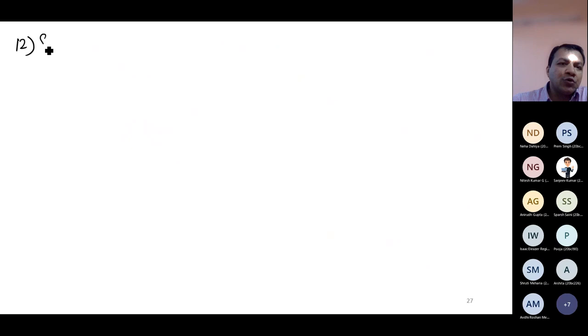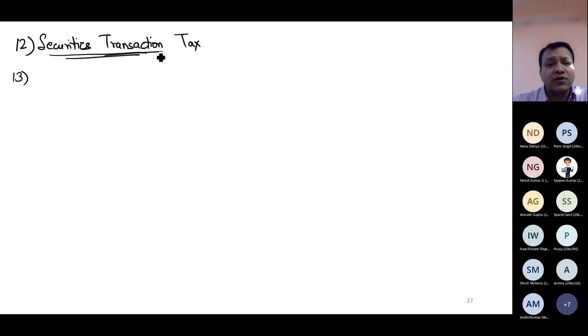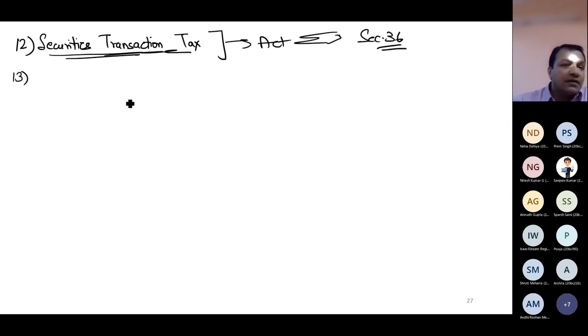12th point, securities transaction tax. When is securities transaction tax allowed as a deduction as an expenditure on the debit side of the P&L account? So not every securities transaction tax is allowed. You have to read it from the act. Read section 36. And commodities transaction tax.